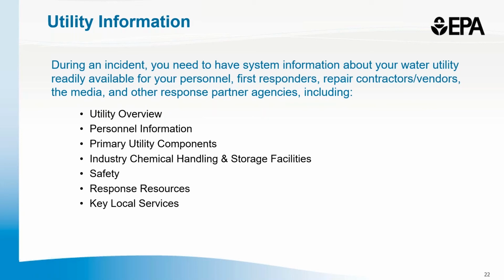Also information on safety, the closest hospital, and other safety information that could be relevant for your staff. Response resources that you have at your utility, as well as what might be available at the Emergency Management Agency or through the WARN, the Water and Wastewater Agency Response Network, or other mutual aid, and other local services that could be of importance to your utility.